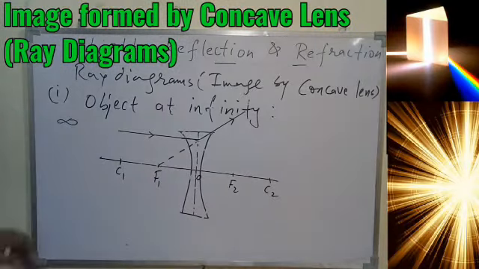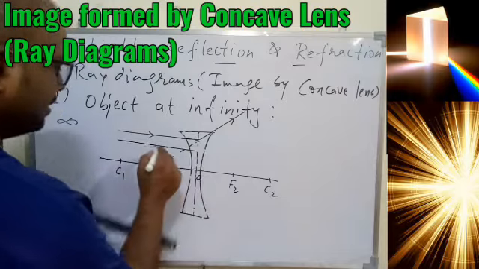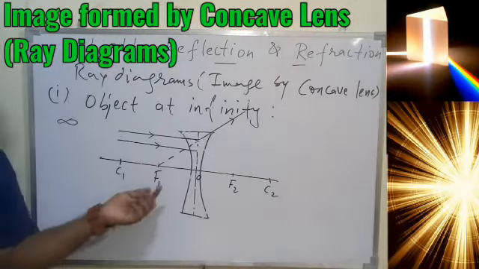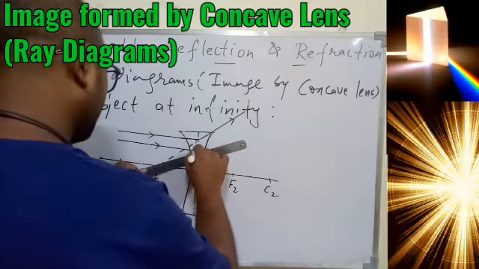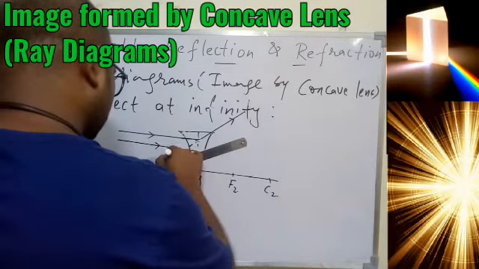Another ray of light will come parallel to the principal axis. Again it will diverge from the same focus F1. So we can draw it this way, place the marker, place the point.